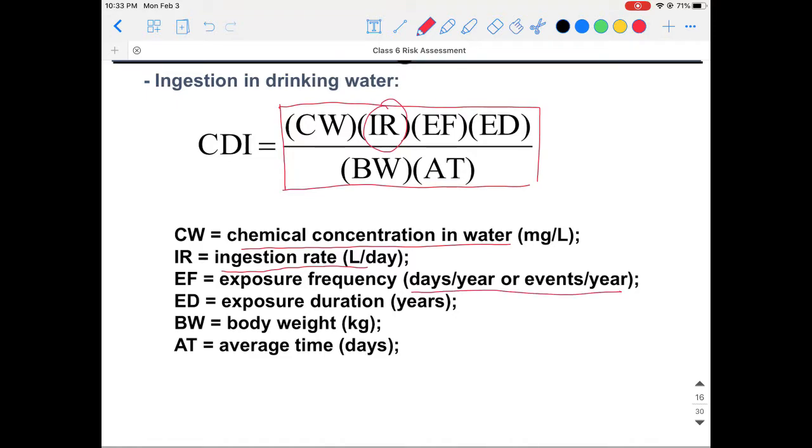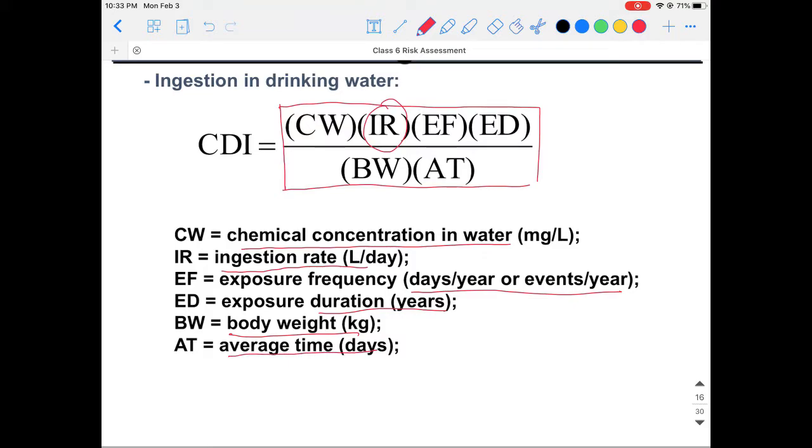Basically, if we consider polluted water here, we're not drinking water with a lot of mercury each day. It can be every month or every week that we get exposed to these high levels of mercury, right? And then the ED here means the exposure duration, basically for how many years we are exposed to this high concentration of mercury.